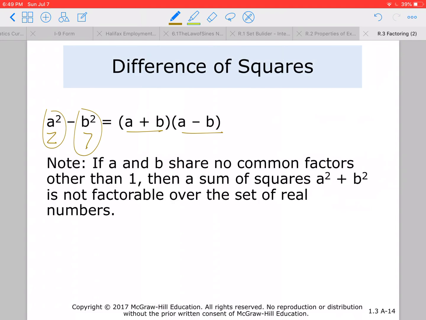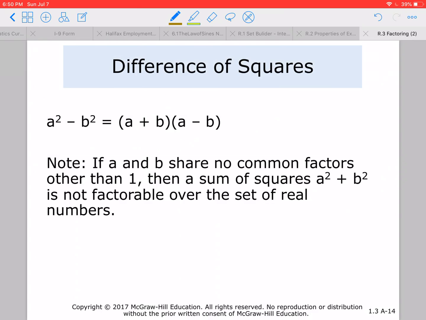So we've got a plus b, and then it's times a minus b. So if you've got a difference of squares, a square minus a square, then that gives you the square root of those as a plus b times a minus b.